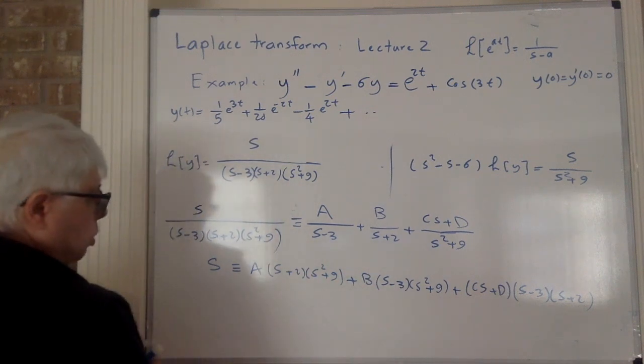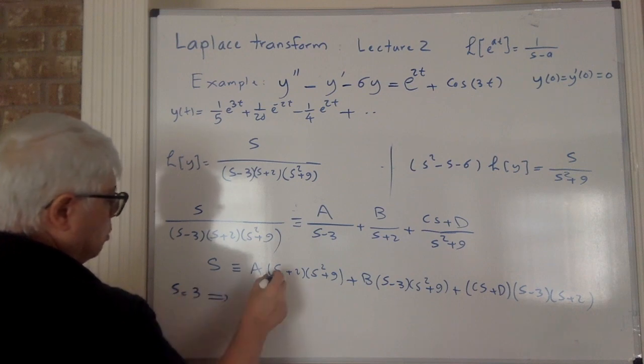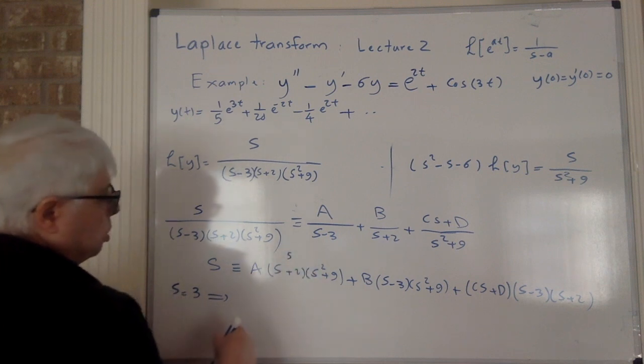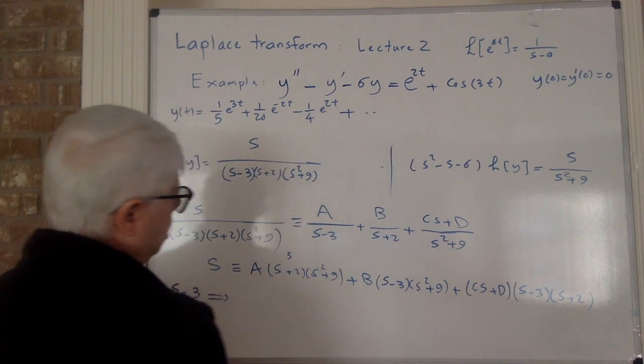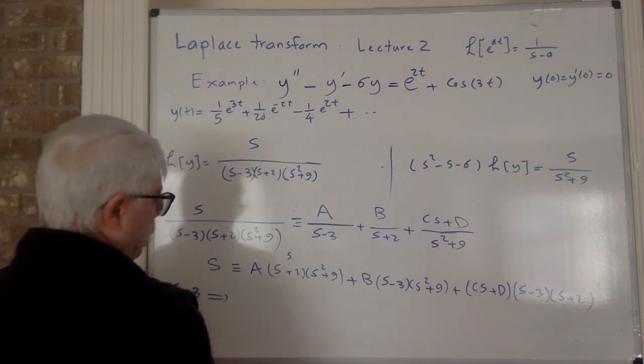So let's do it. Let's say s is 3, and this gives me 3 plus 2 is 5, and 3 squared is 9, plus 9 is 18. 5 times 18 is 90.